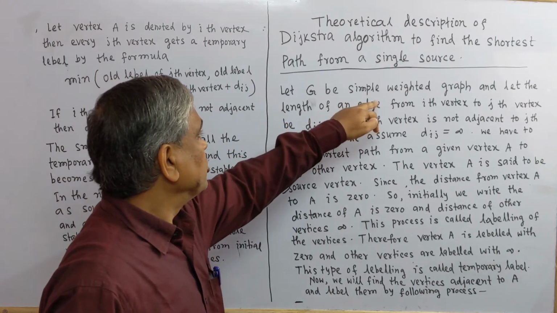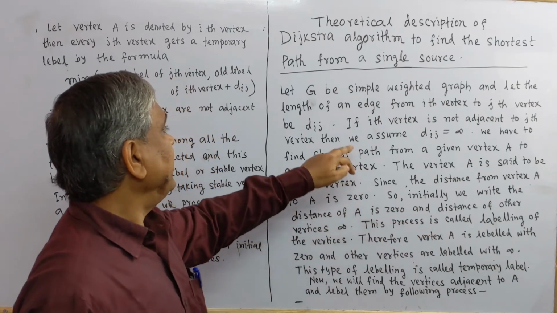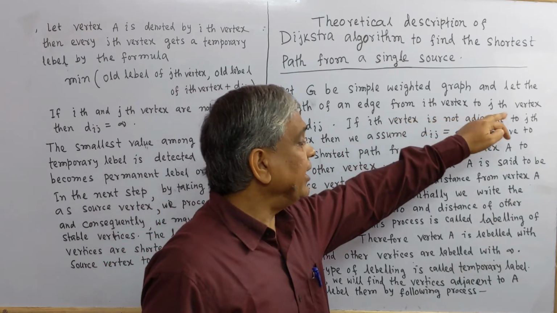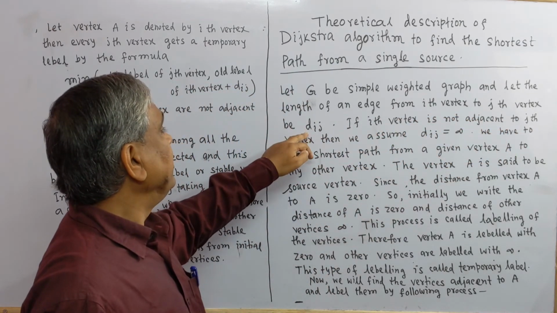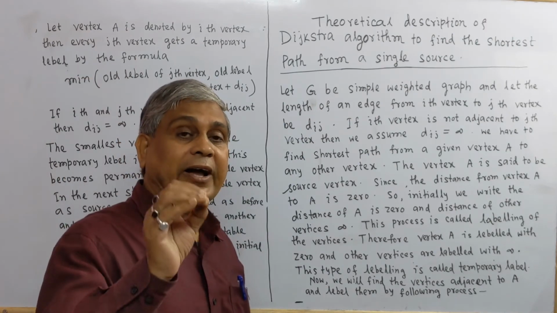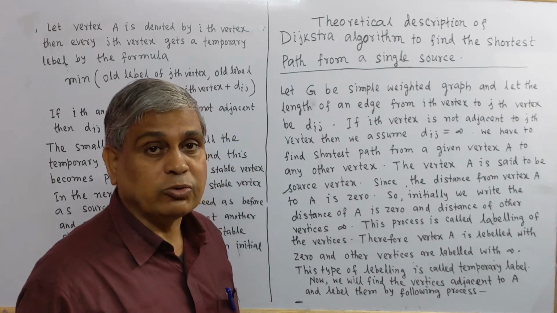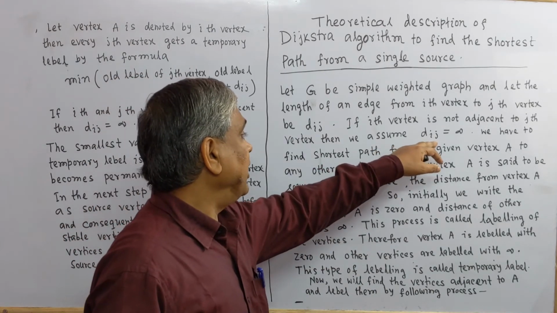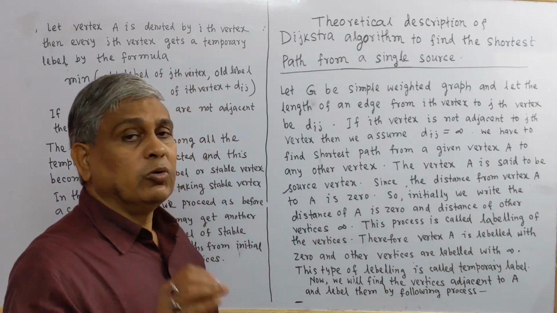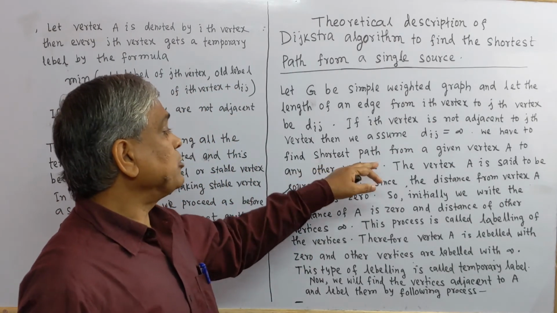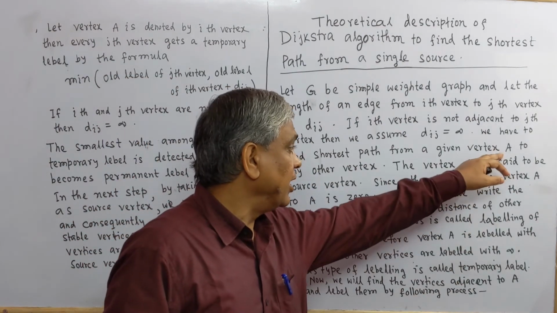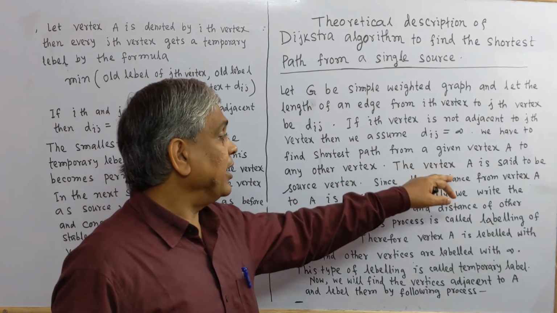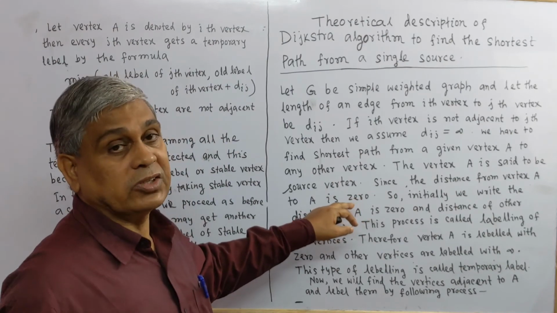Let G be a simple weighted graph and let the length of an edge from ith vertex to jth vertex be Dij. If the ith vertex is not adjacent to the jth vertex, then we assume Dij equal to infinity. We have to find the shortest path from a given vertex A to any other vertex. The vertex A is said to be the source vertex.